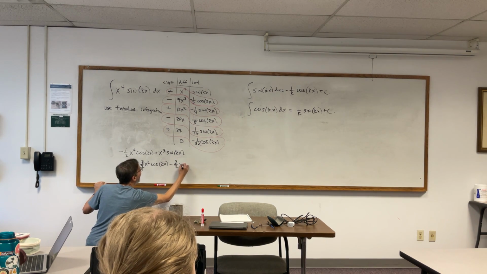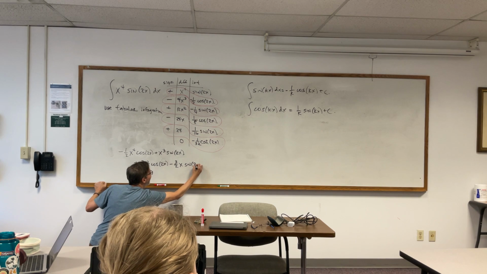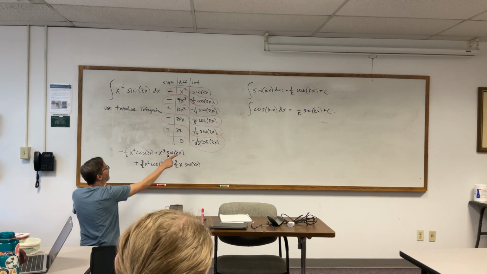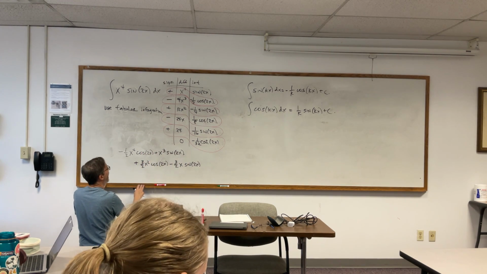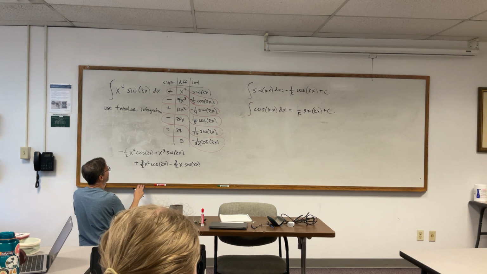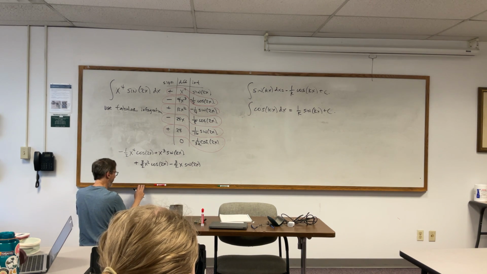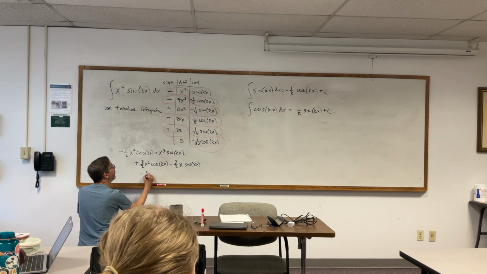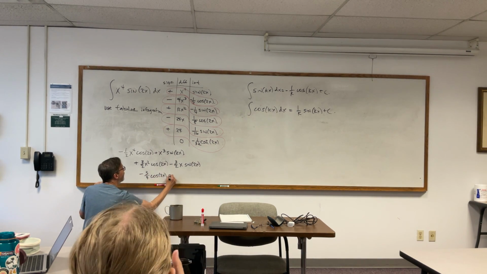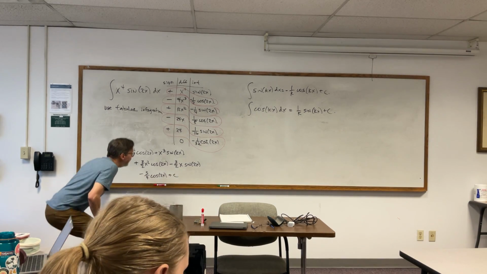And then the last one, finally, 24/32. That's not 3 halves. 24/32 simplified is 3/4. So then minus 3/4 cos 2x plus c.